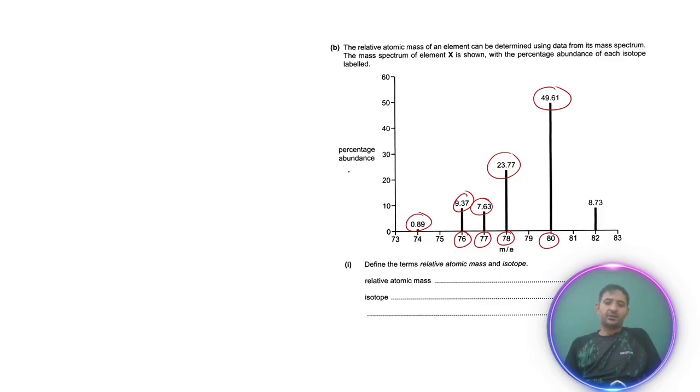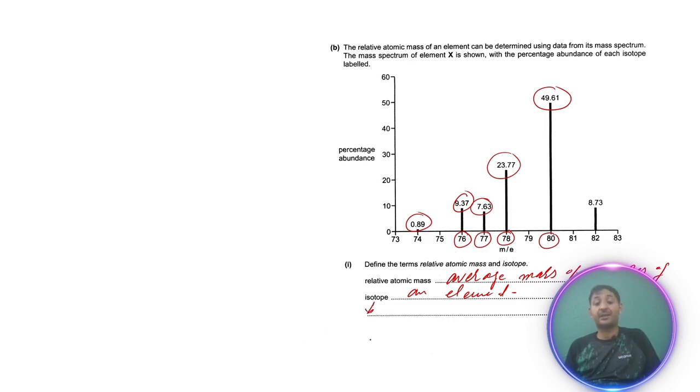Relative atomic mass is the average mass of the isotopes of an element.